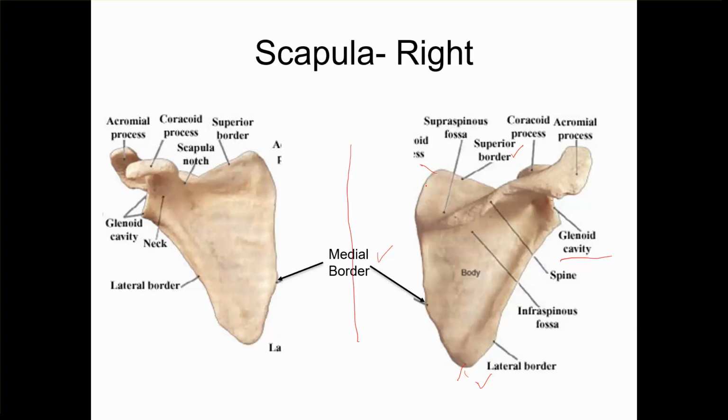Then we have three fossas. Remember, supraspinous fossa, infraspinous fossa, and this will be the subscapular fossa. Remember the name, SUB. Sub means it's below the scapula.